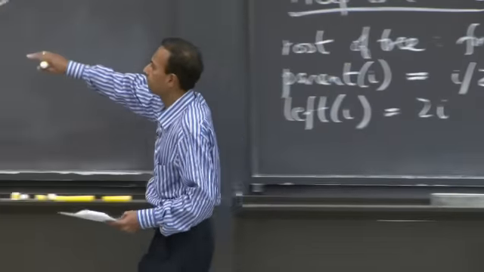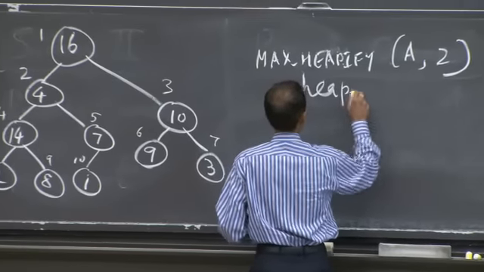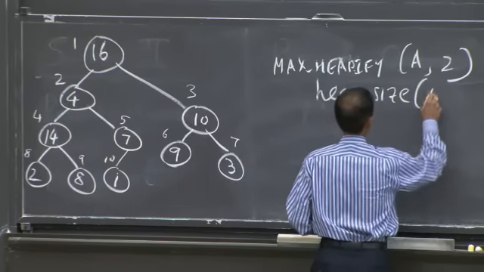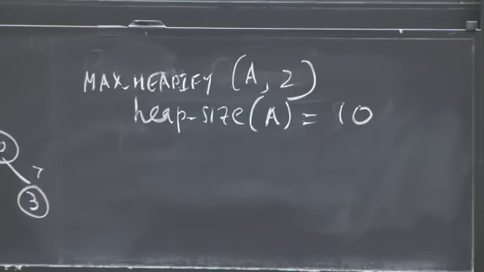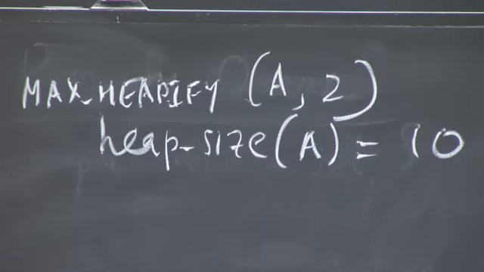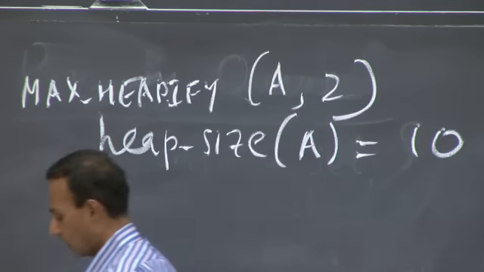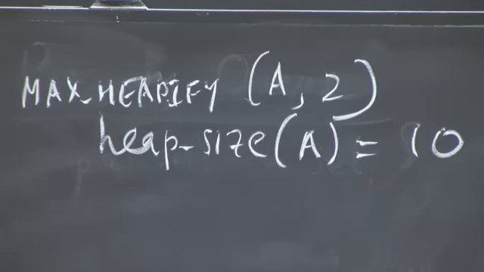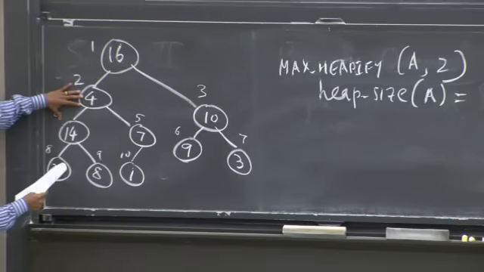So you want to do Max-heapify A, 2, and one of the things that's going to be important, not in this example, but when we get to sorting, is that we want to know the size of the heap, and in this case, the heap size is 10. So what does Max-heapify do? All Max-heapify does is exchange elements.